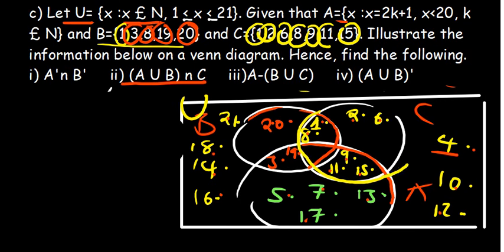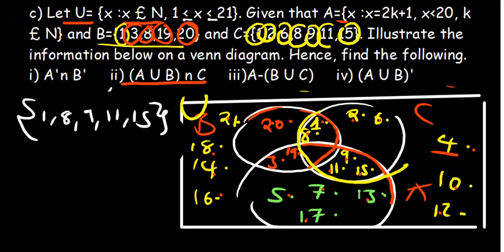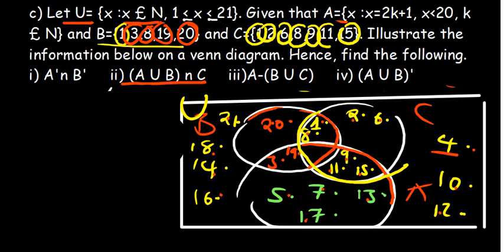The common elements there are what we're interested in. So we can clearly see that we have 1, 8, 9, 11, and 15. So this is how you get to use the Venn diagram to show your work or to simplify sets. It's very easy actually.